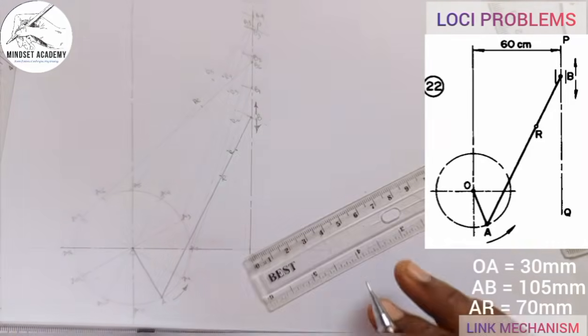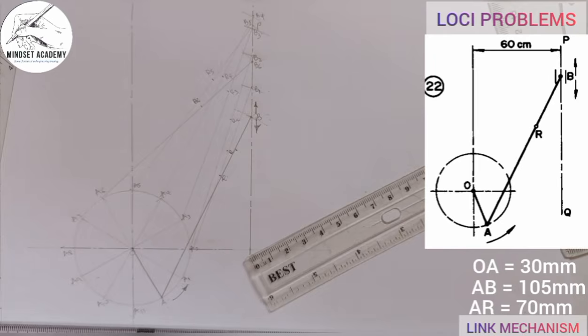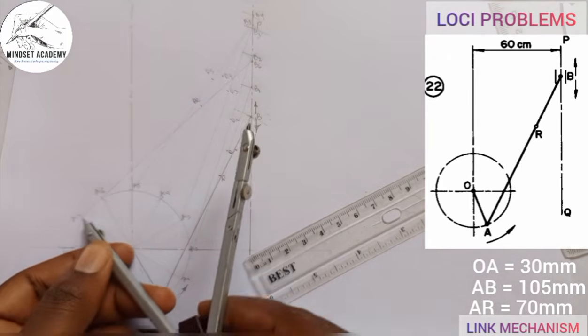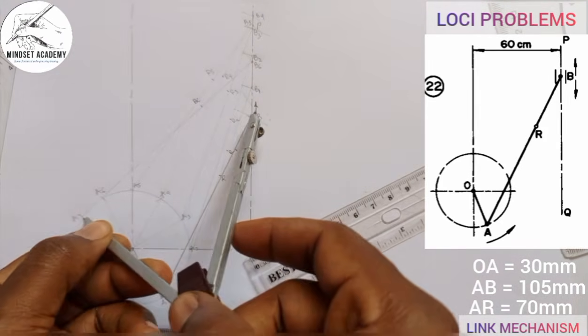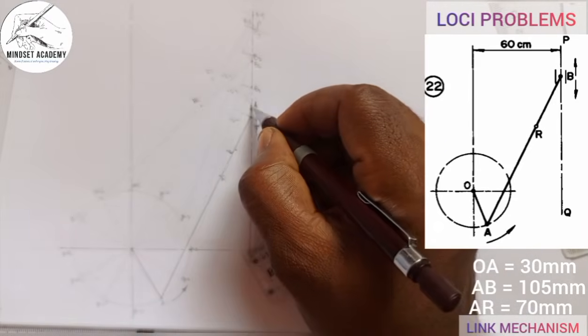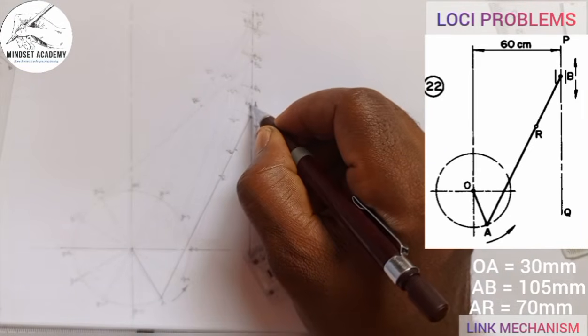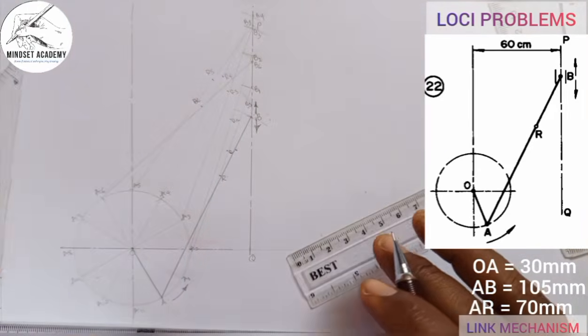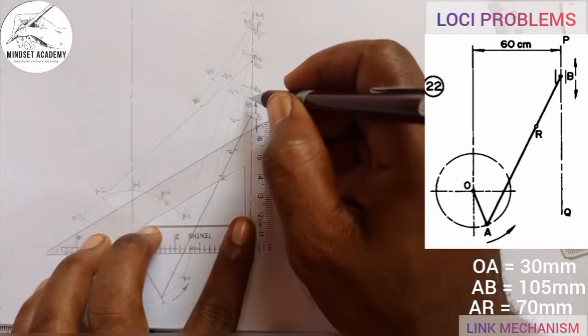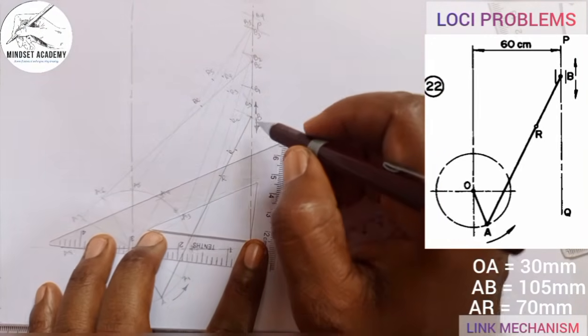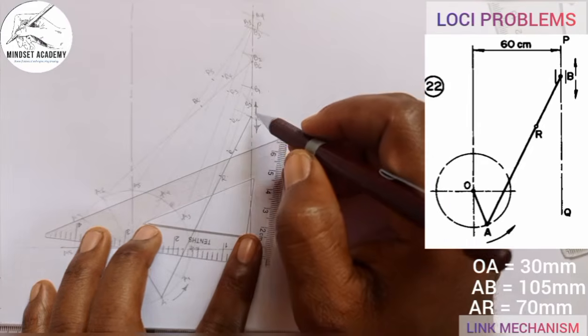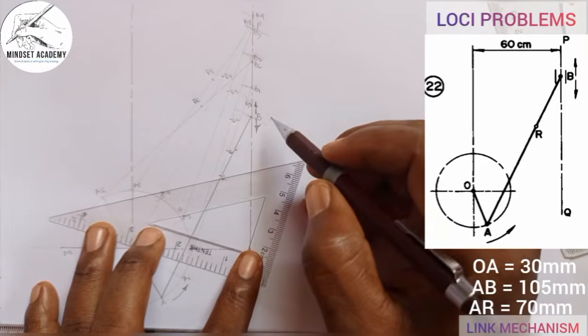R6. Then I'll come again from A7 to that line PQ to locate my B7. Right? So I'll connect A7 to B7. This is my B7 here.